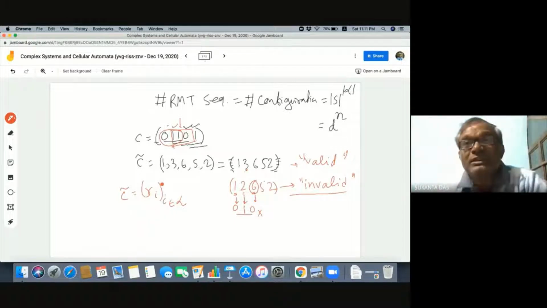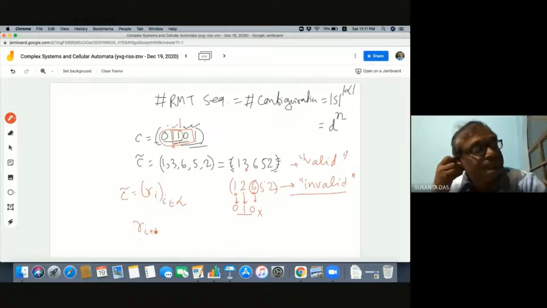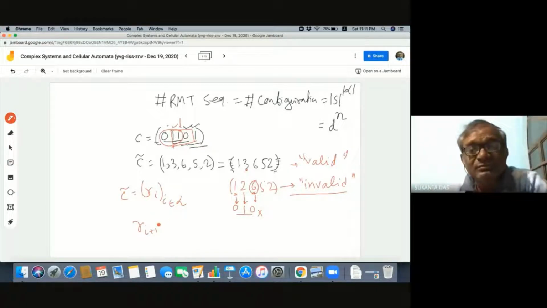In this particular example, Ri plus 1 is either 2Ri or 2Ri plus 1. Right? So here it was 3 to 6.